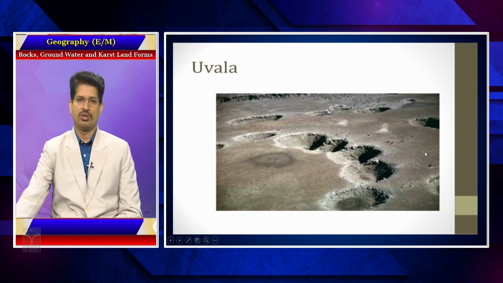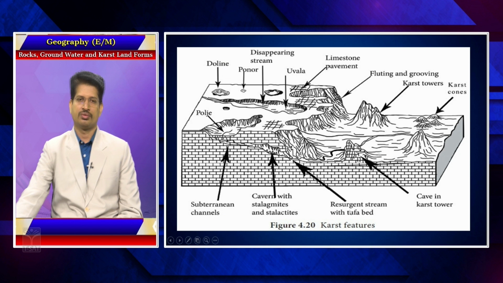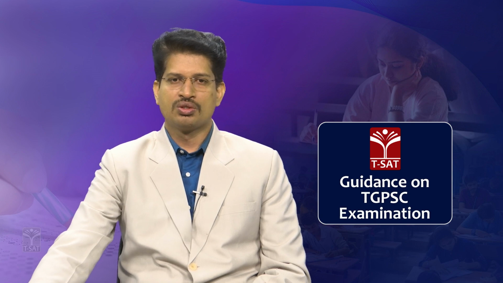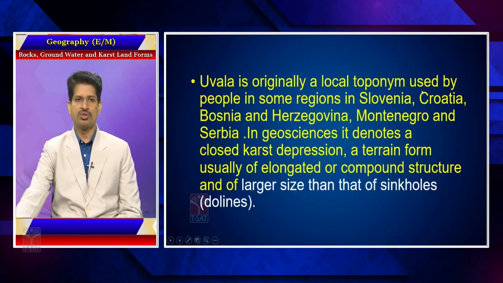These are uvalas, or sinkholes combining to form a larger open valley. It leads to the formation of different structures known as karst cones. Uvala is originally a local term used in certain countries like Slovenia, Croatia, etc. This is the vocabulary used in these countries. It is larger in size than a sinkhole.